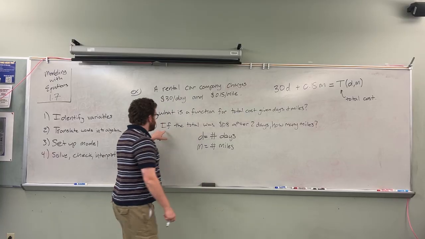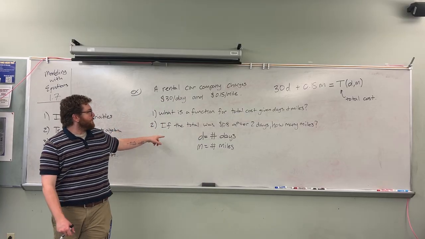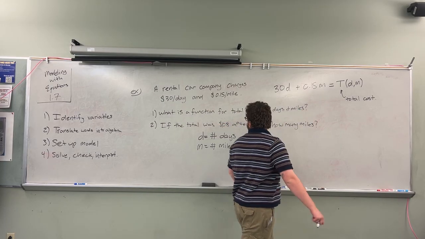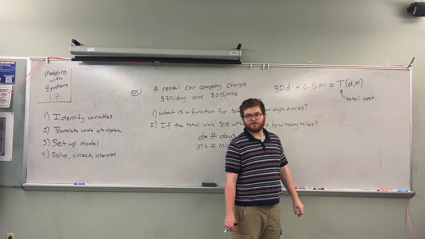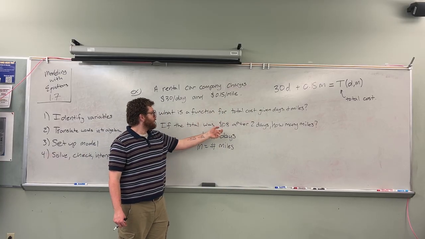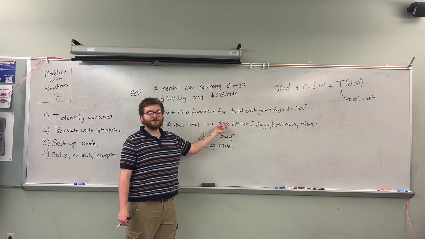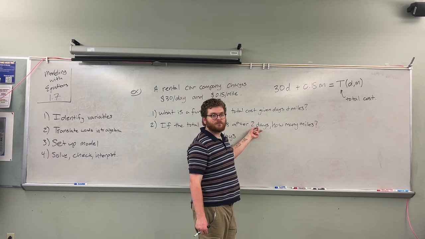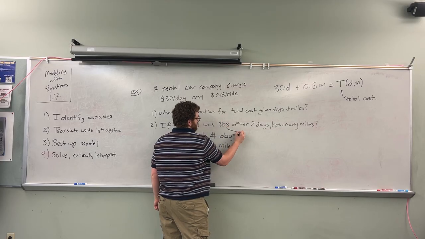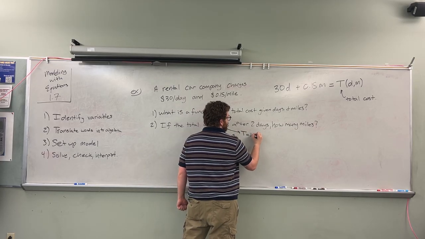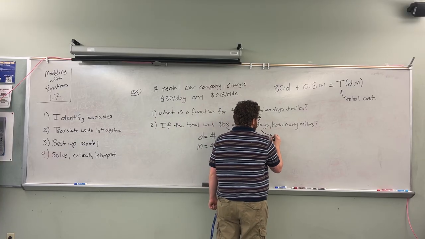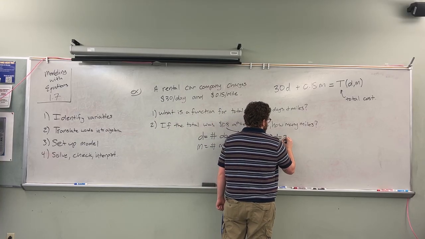So using this for specifically problem 2, because this gives us part 1, what is a function that models the total cost? Now for part 2, I was told the total was $108 after 2 days. That already tells me T equals 108 and D equals 2.